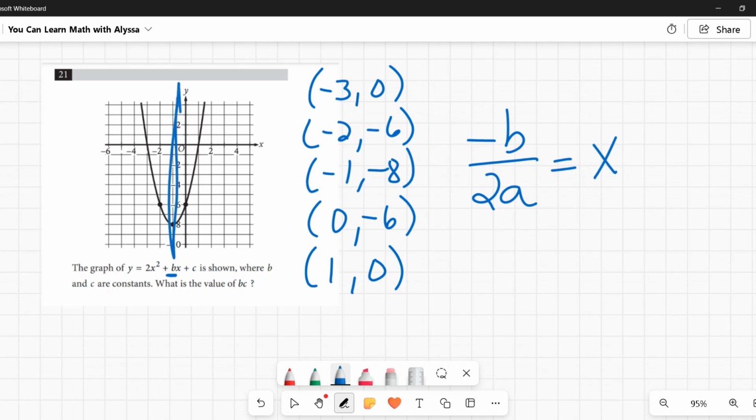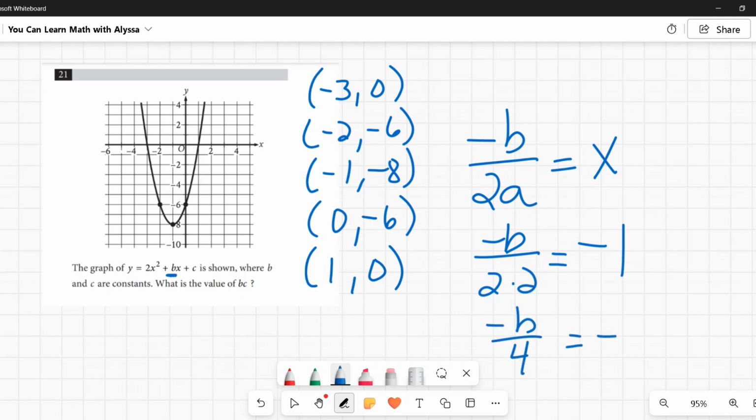And here, the axis of symmetry, my x there would be -1. And I know my a is 2. They gave it to us. So -b over 2 times 2 equals -1, or -b over 4 equals -1.